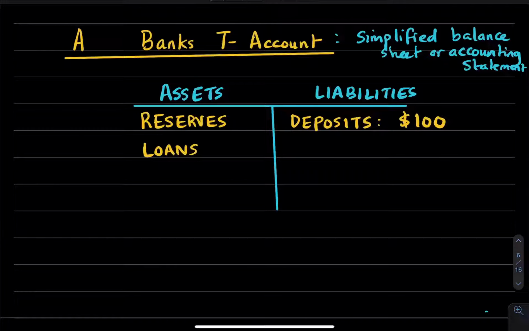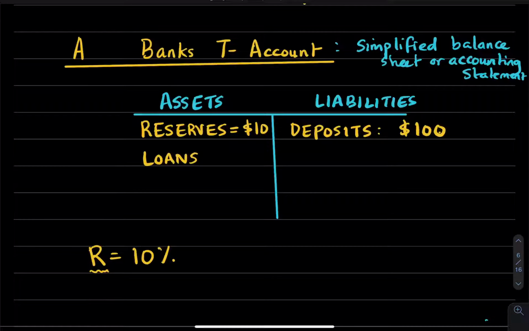And so let's understand a simple example here. Let's say the reserve requirement was 10%, like what we had discussed earlier. Now that $100 in deposits is going to be split between reserves and loans. So reserves are going to be 10% of that $100, which means this is going to be $10. And the rest is going to be available for making loans, which is $90.